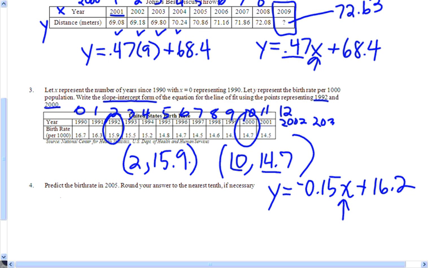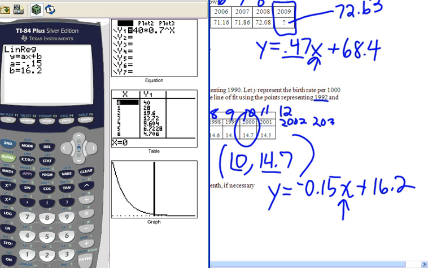So we're going to do negative 0.15 times 15 plus 16.2. Enter. Did you get that? 13.95. And that's our prediction.